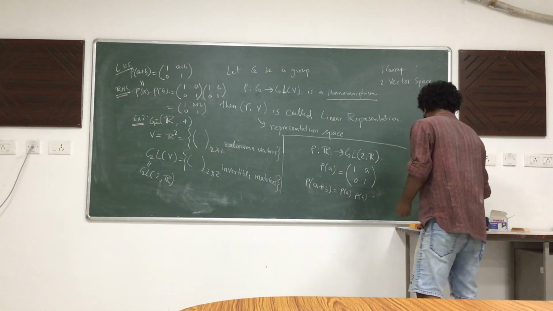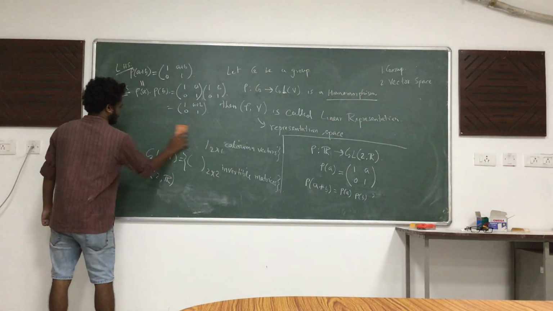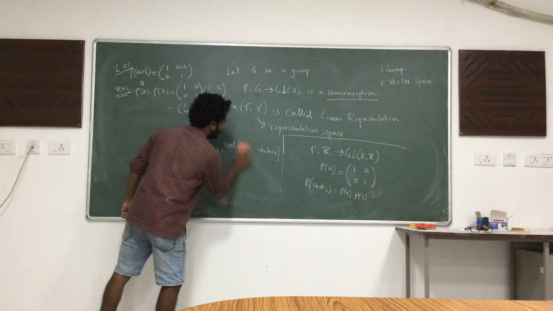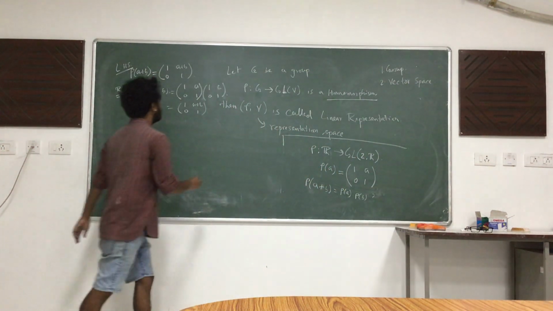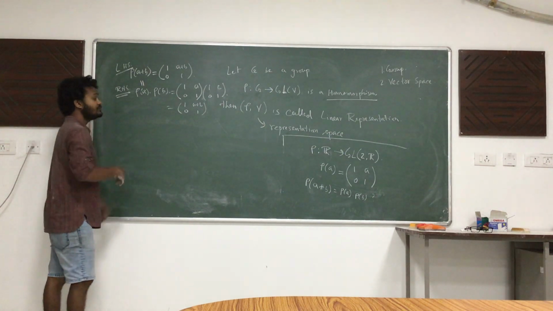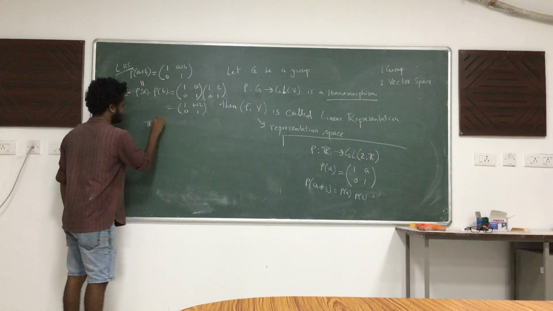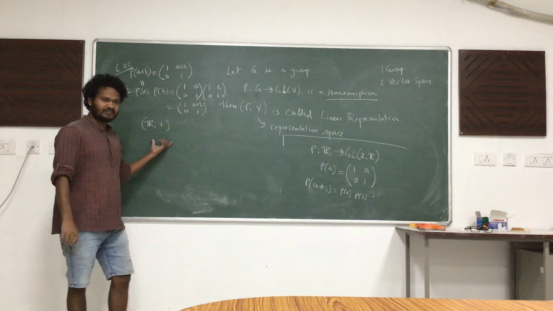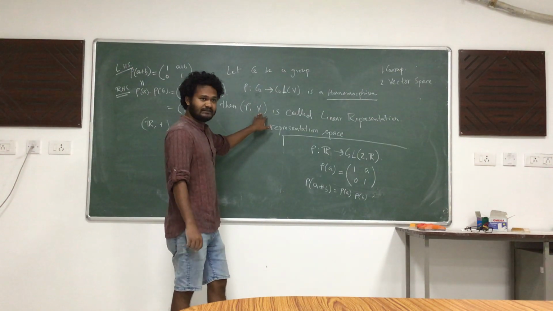So this is another example of representation. In this example, what is the group whose representation we are considering? It is the group R plus. And what is the representation space?